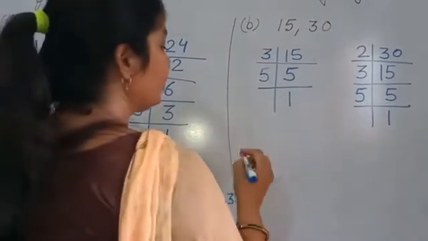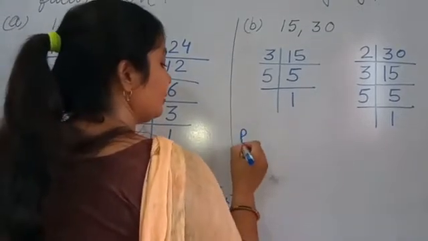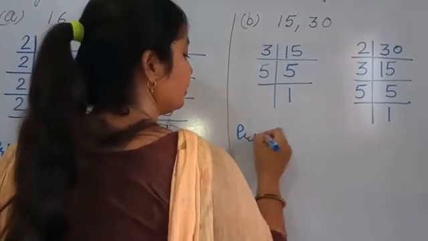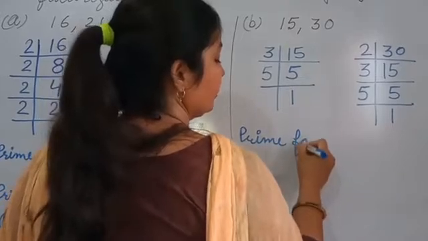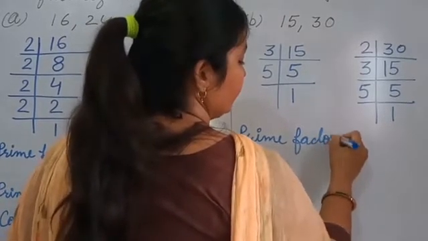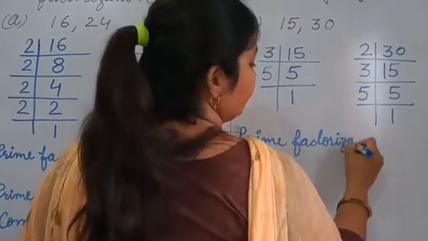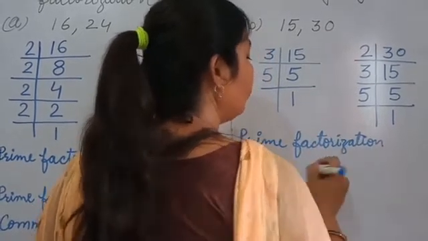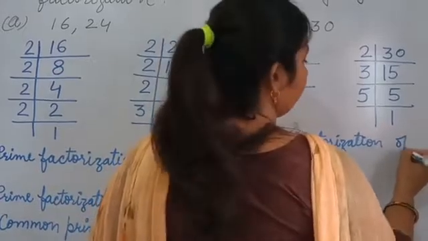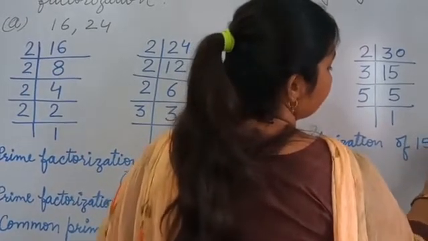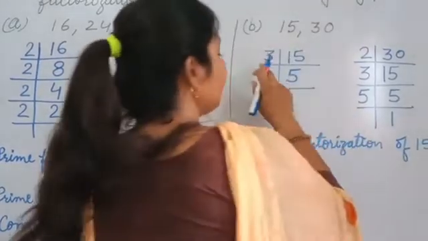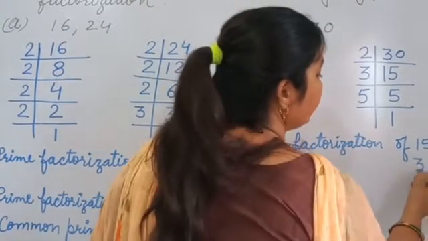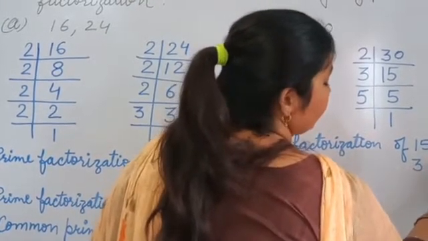So now we write here prime factorization of 15. What is the prime factorization of 15? 3 multiplied by 5. 3 multiplied by 5.